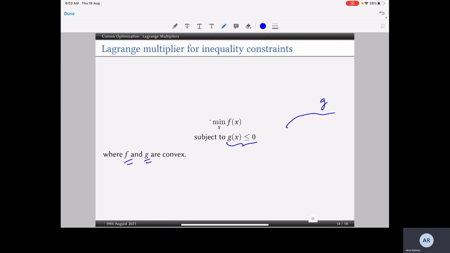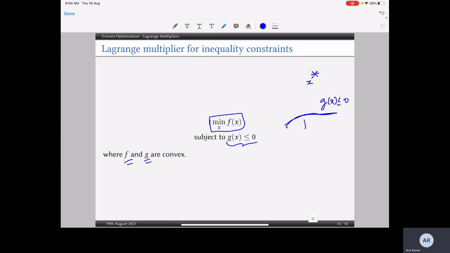If we had the unconstrained optimization problem of minimizing f of x over all x, then we would have reached some x star. But because of this constraint, we are not able to reach that x star, because this is the boundary. We had g(x) less than or equal to 0.